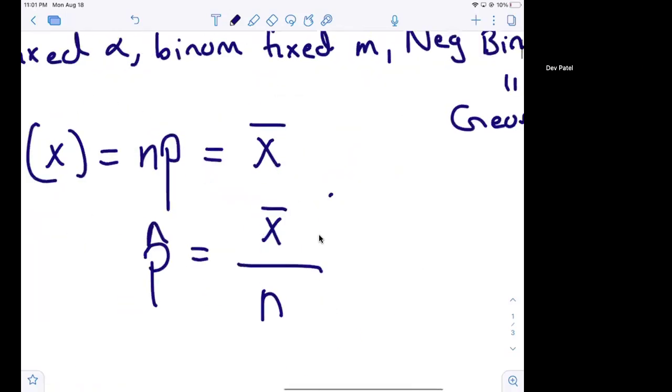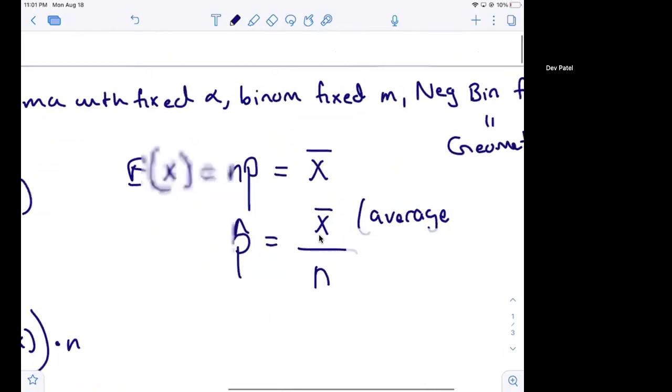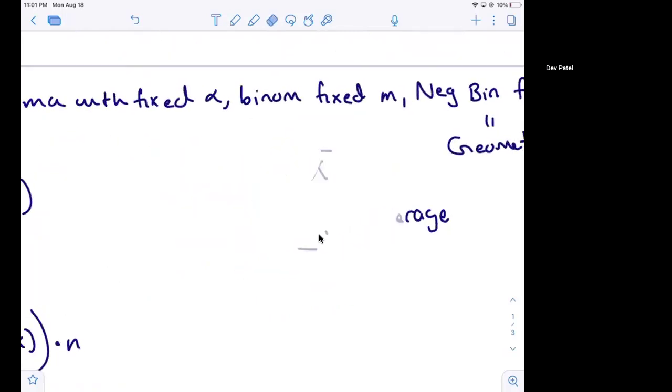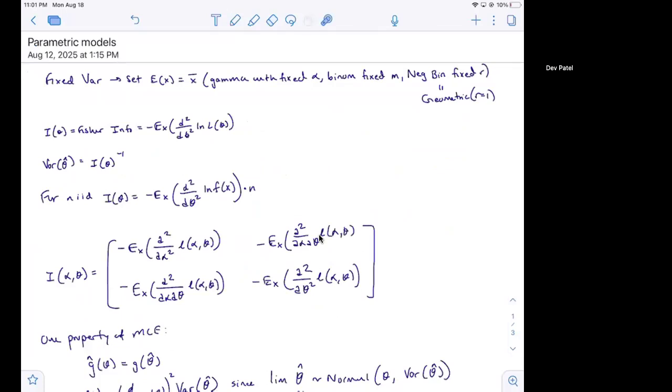So the average of all the X's over n. Same thing for all these other distributions. If you set the first moment, the expectation of x, equal to the sample mean, and then solve for whatever parameter you're trying to estimate, you can get the parameter estimation.